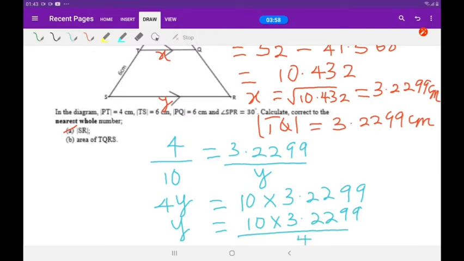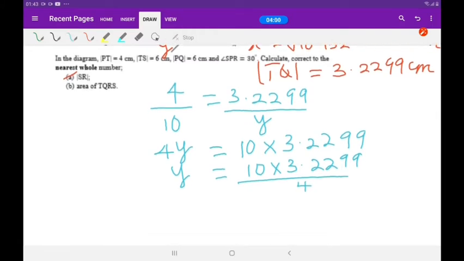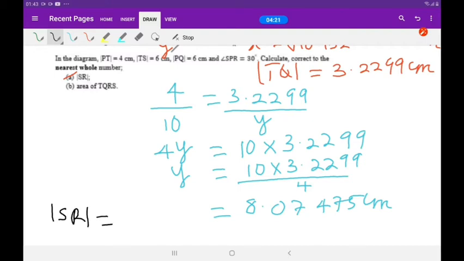Now, if you do that very well, we are going to be getting 8.07475 centimeters. Now, from the question, therefore, line SR to the nearest whole number will now be 8 centimeters.